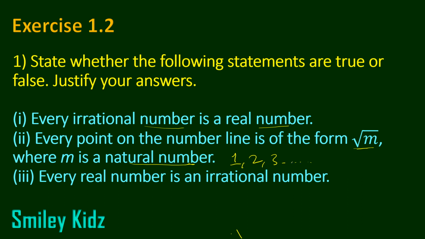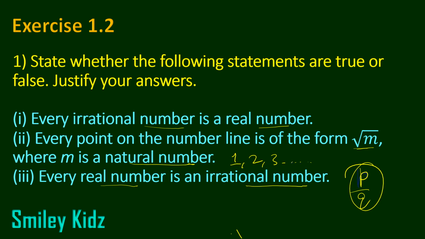We have already seen real numbers are the collection of rational numbers and irrational numbers. And irrational numbers are those numbers which cannot be expressed in the form of p by q, where p and q are integers and q not equal to 0. And all of the irrational numbers are non-terminating and non-recurring.